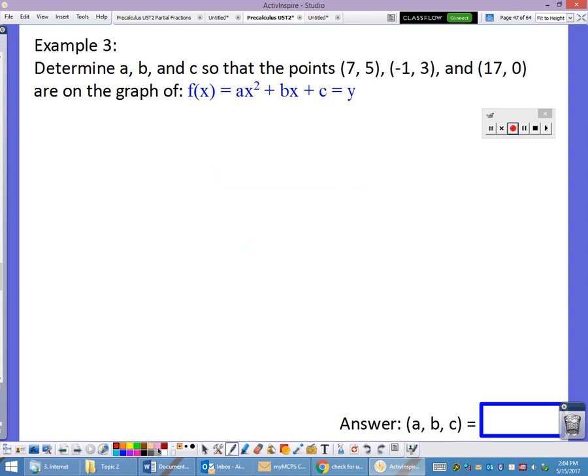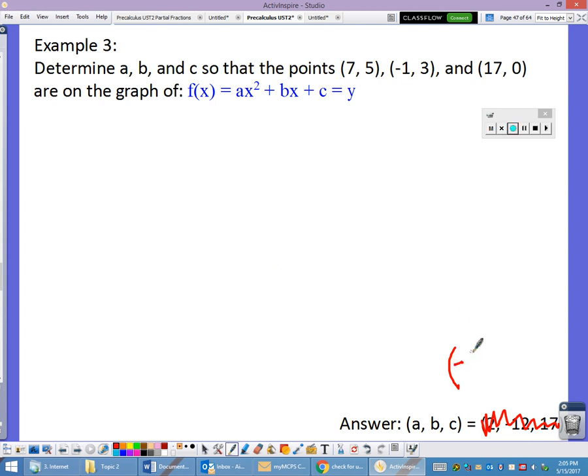Okay? And then finally, example 3. And this is the one I think you actually get decimals for. I don't think that this is right. Yeah, so for this one, you're actually going to get fractions, and that's okay.